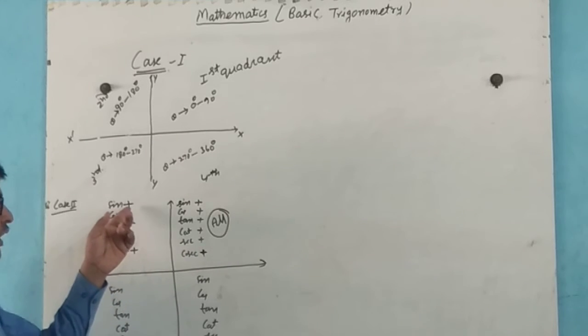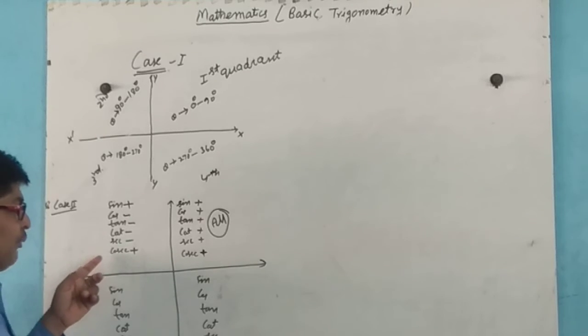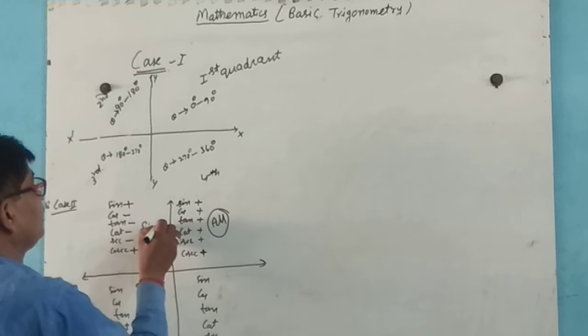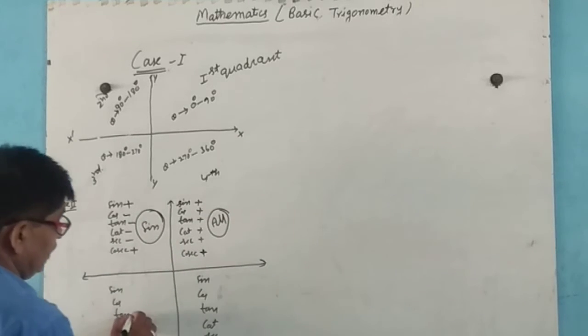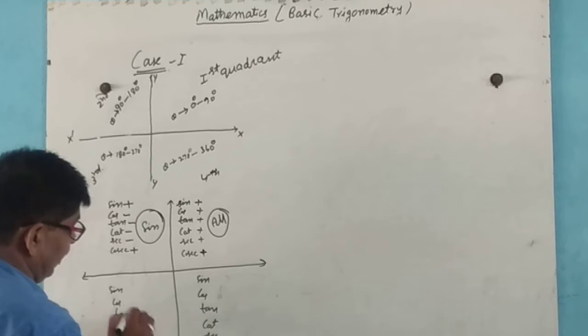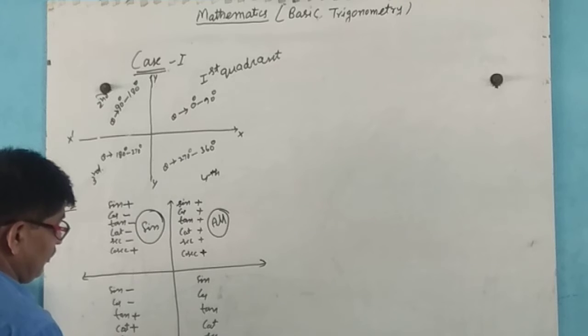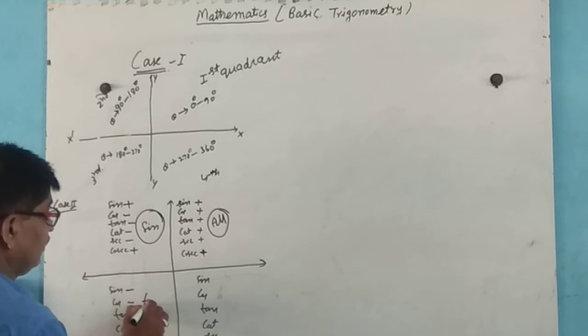In this case, sine and the reciprocal of sine, cosec, are positive. All this is known as All Sine. And here tan is positive and its reciprocal cot is positive and the rest are negative. All Sine Tan.